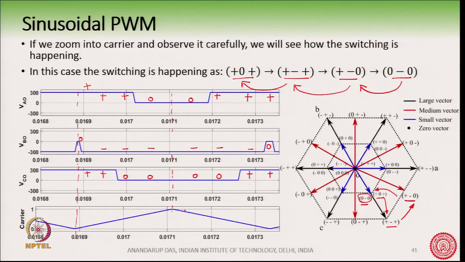So, you see here in this particular switching sequence, if we zoom into one carrier, we can distinctly see how the movement of the space vectors in terms of switching is happening. First we go clockwise and then we go anti-clockwise, one way like this and the other way like this.